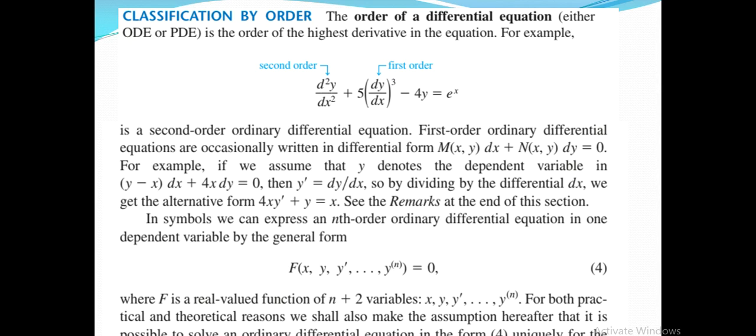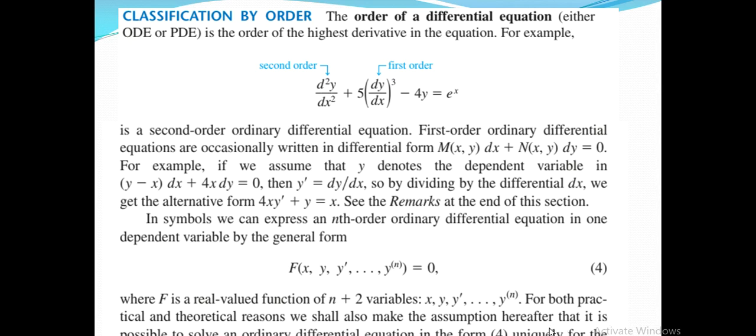See the remark at the end of these sections. In simple terms, we can express an nth order differential equation in one dependent variable by the general form. So here the general form of an ordinary differential equation can be written as F(x, y, y′, y″, y‴, up to y^(n)) = 0. So this is the nth derivative written in this form.